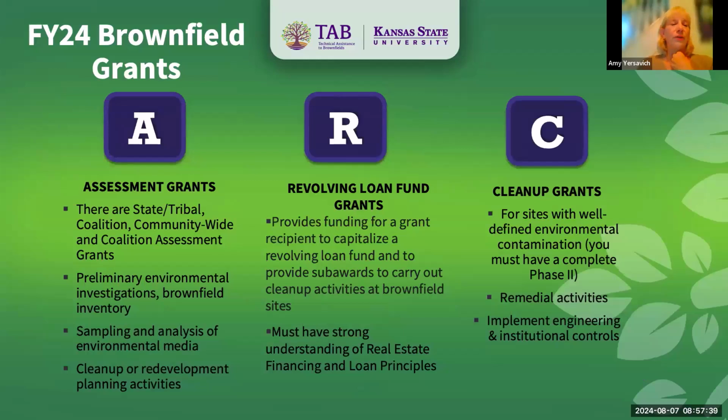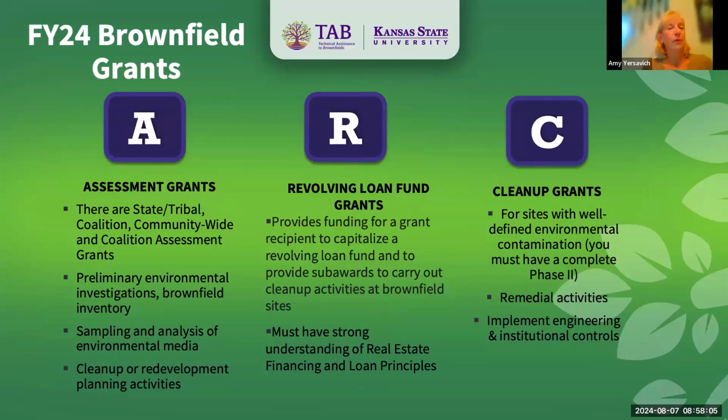So as I mentioned, these are the grants that will be offered. This particular grant round, known as the fiscal year 25 grants, I did want to correct that on the title slide. It is actually FY25 that the grant rounds will open in September, and they will be assessment, revolving loan fund, and cleanup grants.